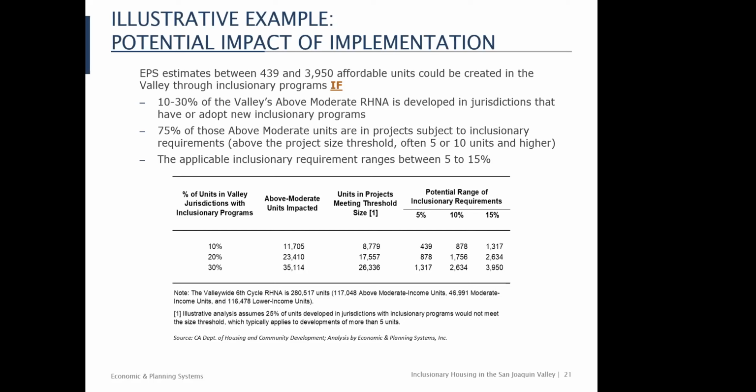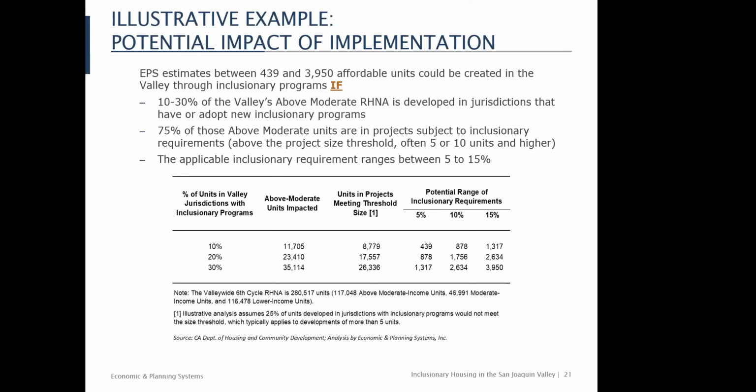So valley-wide, there are 117,000 above moderate units required by RHNA. And we then asked, okay, well, what happens if 10% or 20% or 30% of those above moderate units end up being developed in jurisdictions that have or adopt inclusionary programs?